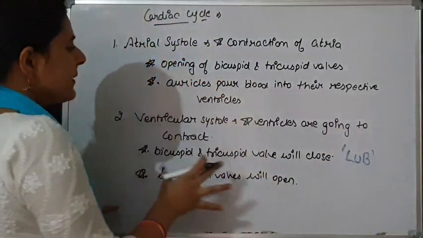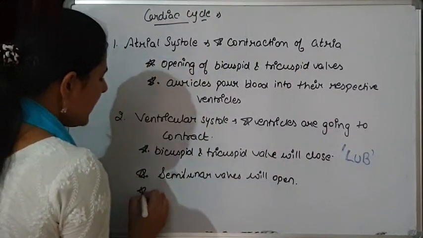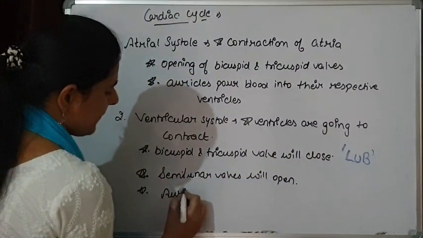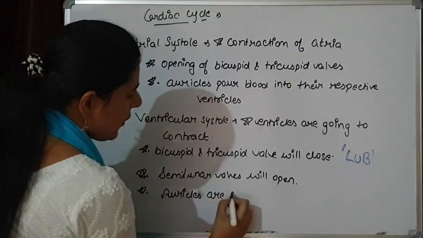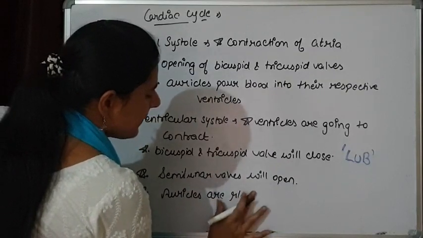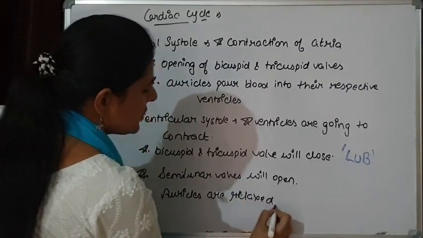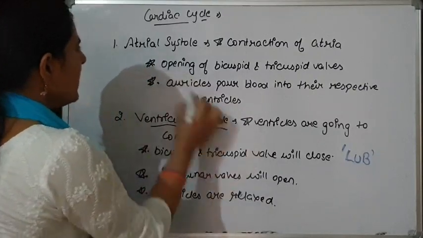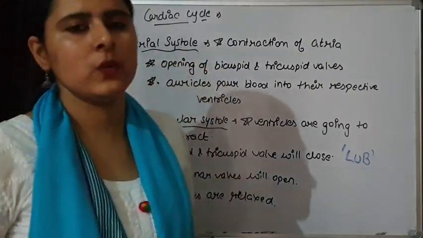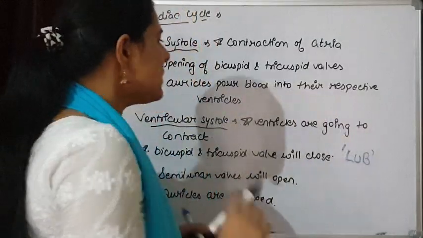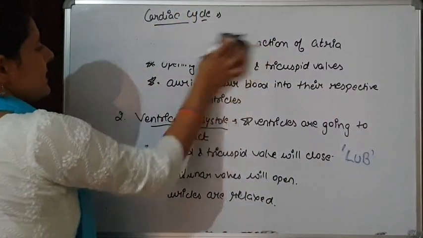Another thing: when the ventricles were contracting, the auricles were in a relaxed position. So this is what happens in the second phase, ventricular systole. Now the third phase is joint diastole.